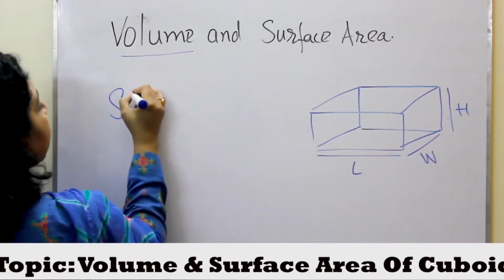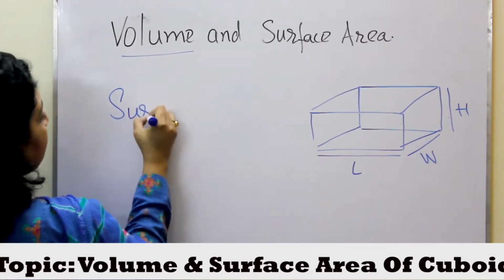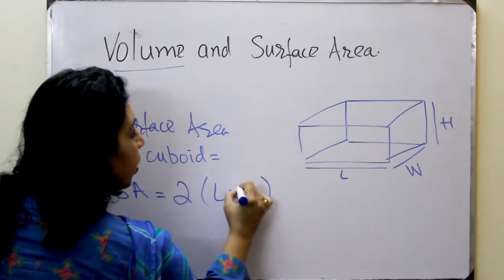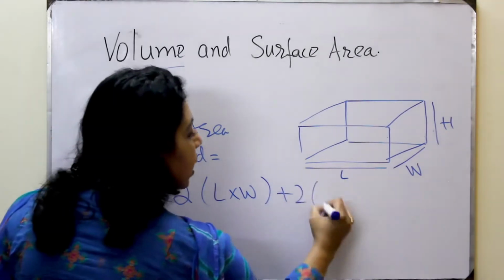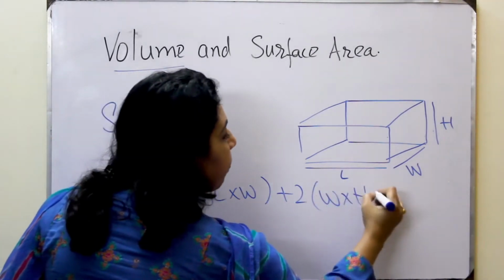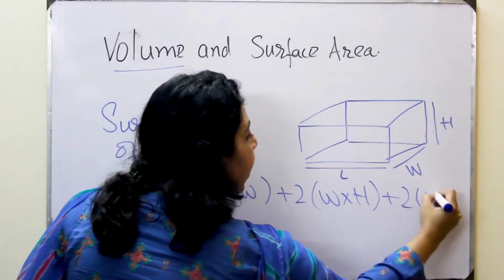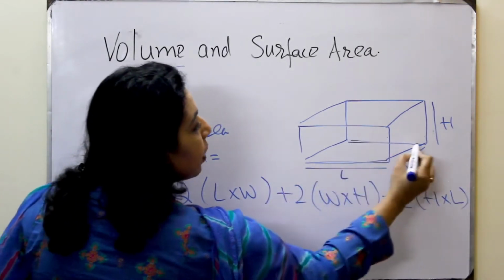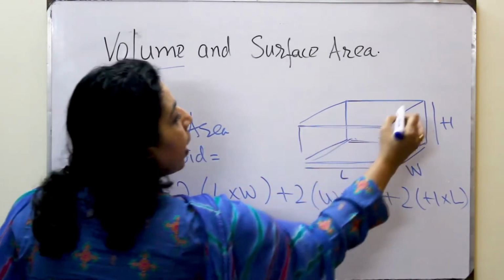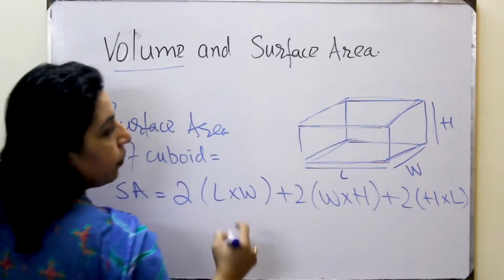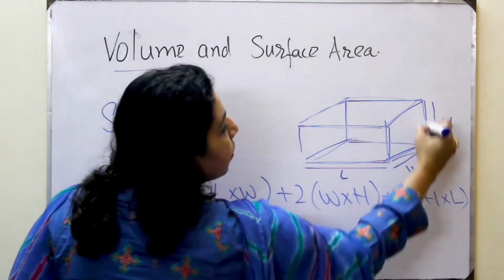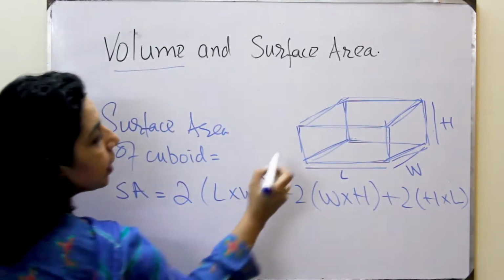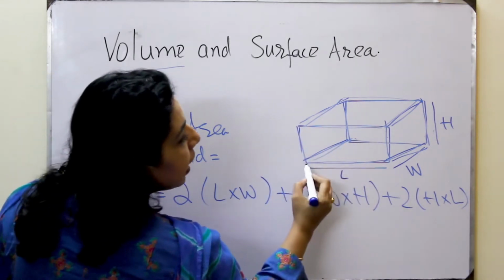When we take the formula for surface area, it is twice length into W plus twice W into H plus twice H into L. These two sides, the base and the top, are L into W. These two sides are W into H, and these two sides, front and back, have length into height.